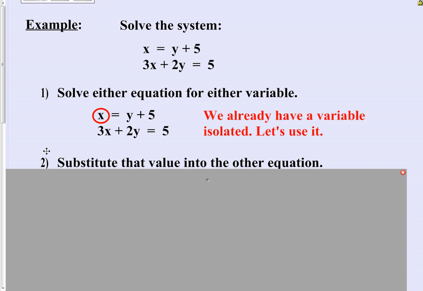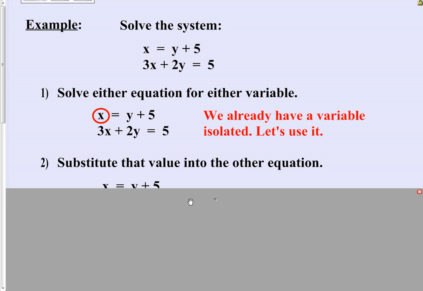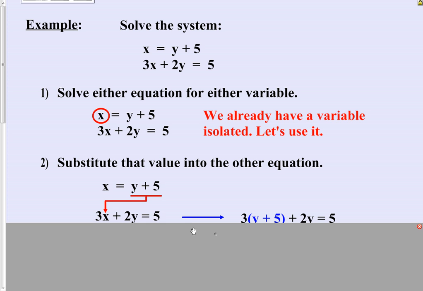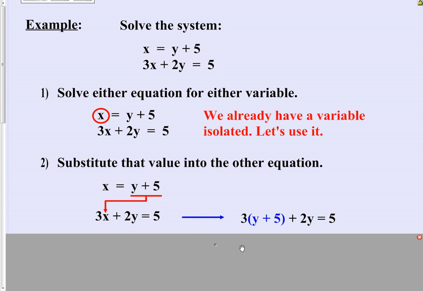We're going to substitute that value into the other equation. What we have right now is a belief that x is equal to y plus 5 from step 1. If x equals y plus 5, then we can take x out of the other equation and instead plug in y plus 5. We can do this because they are equal.